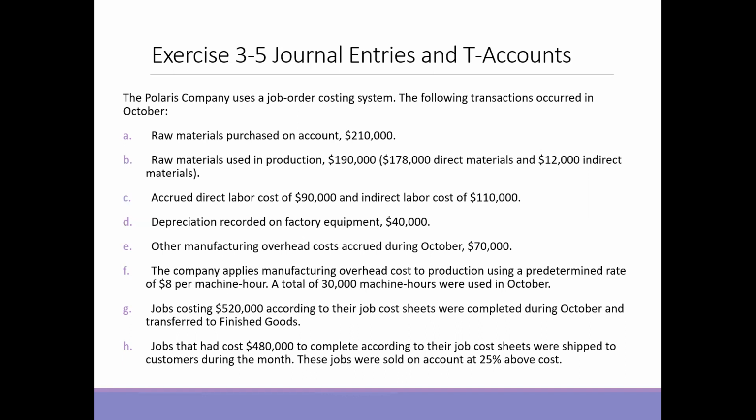Jobs costing $520,000 according to their job cost sheets were completed during October and transferred to finished goods. And then jobs that had cost $480,000 to complete according to the job cost sheets were shipped to customers. So those were sold. These jobs were sold on account at 25% above cost. Okay?